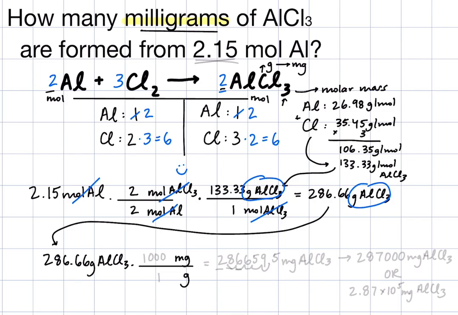And with the milli prefix, we know that there are 1,000 milligrams for every 1 gram. And so that leads us to 286,659.662.5 milligrams of AlCl3.